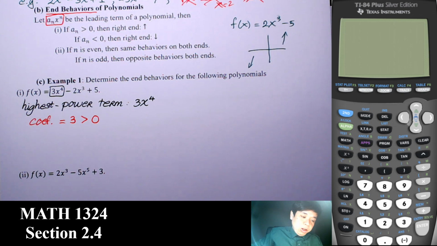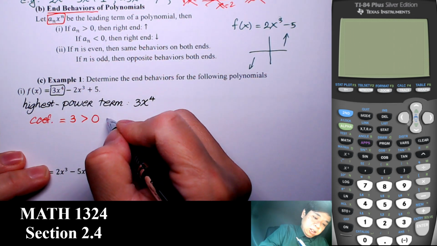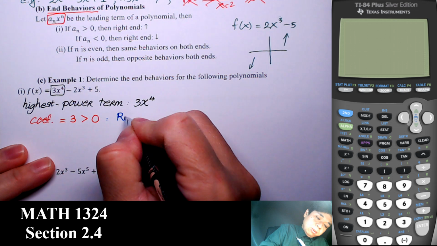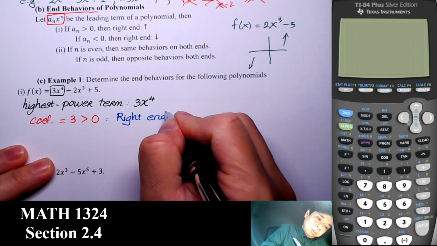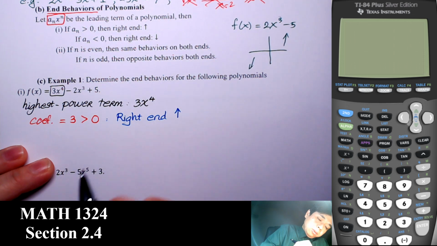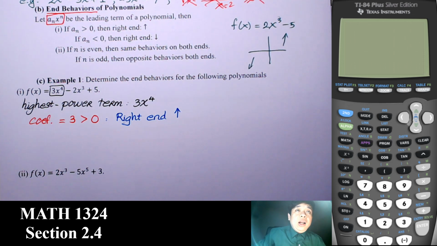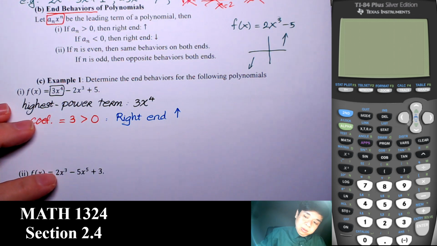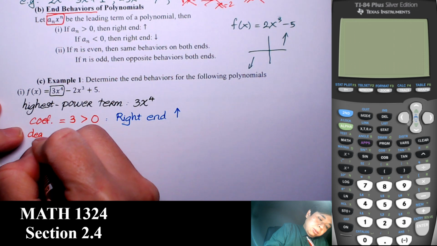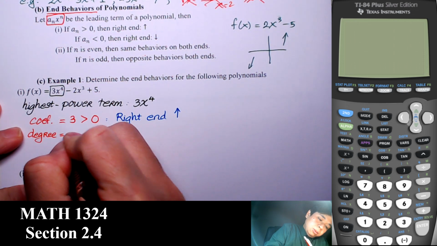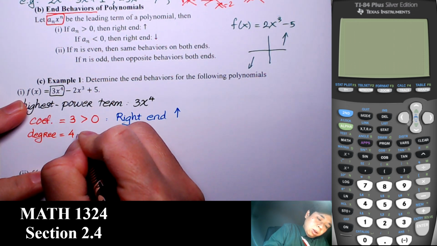If the coefficient is positive, the right end goes up. We focus on the right end based on the coefficient. Next, we look at the degree. The degree is 4, which is even.